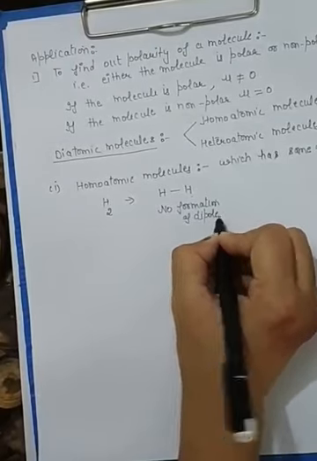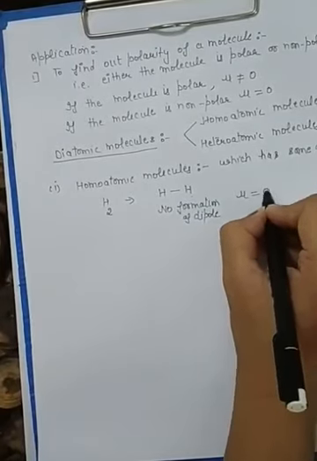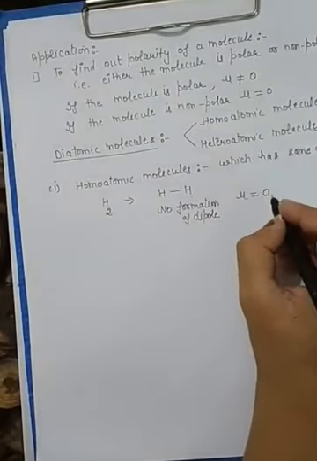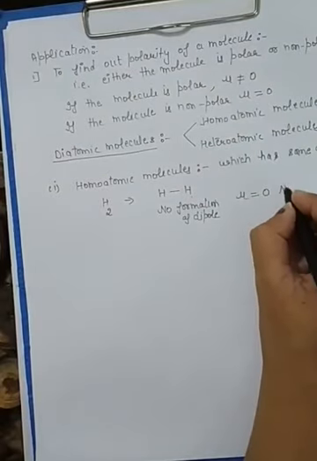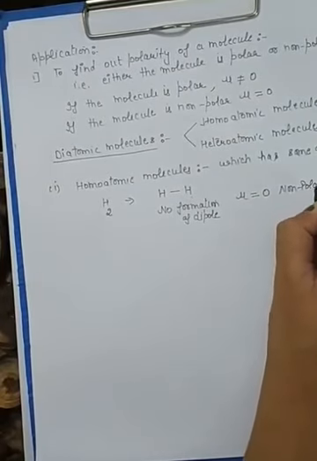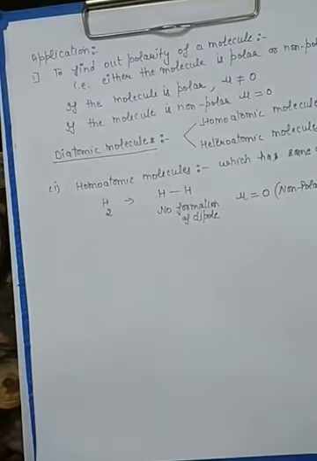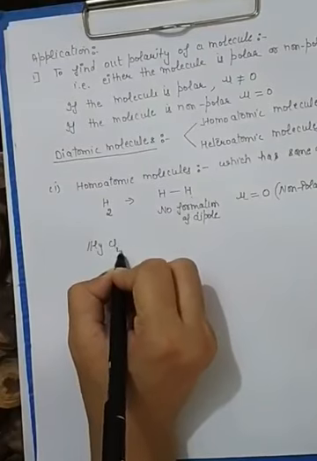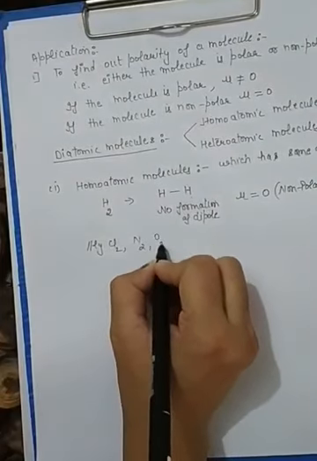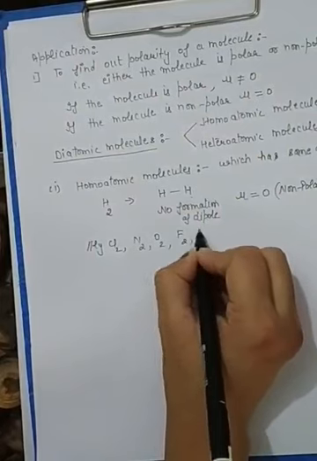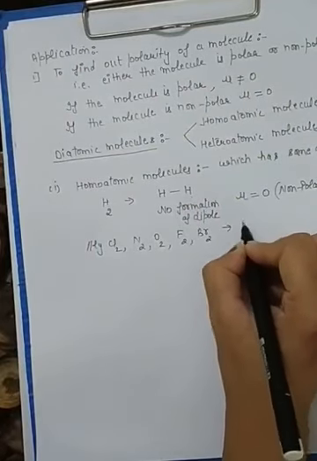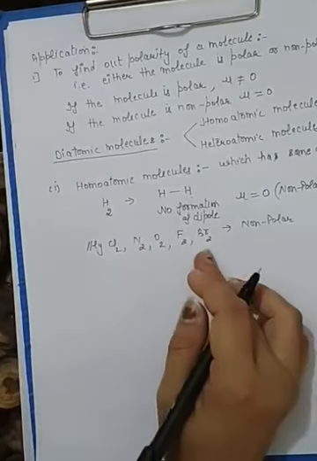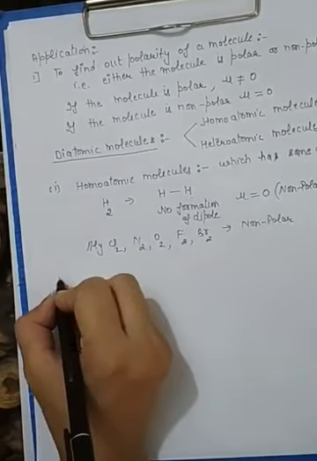And if dipole is not formed, then for this type of molecule mu is equal to 0. And if mu is equal to 0, the molecule is non-polar. Okay. Similarly, chlorine, nitrogen, oxygen, fluorine, bromine, these molecules are non-polar, as for these the dipole moment is equal to 0.